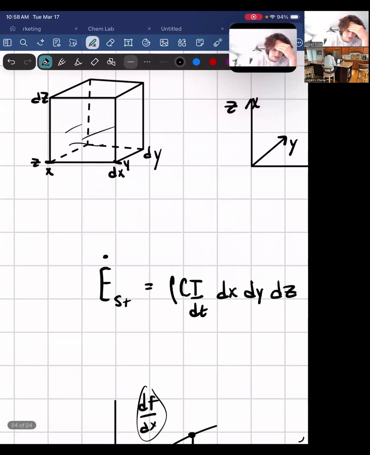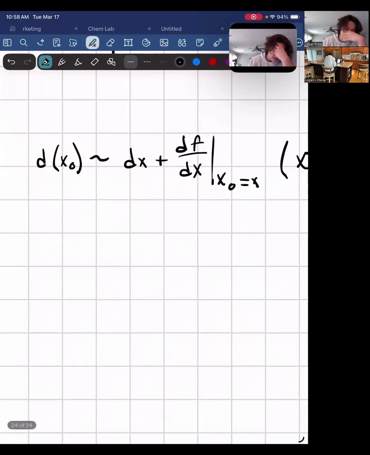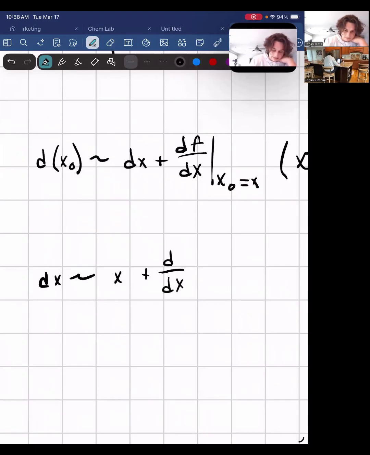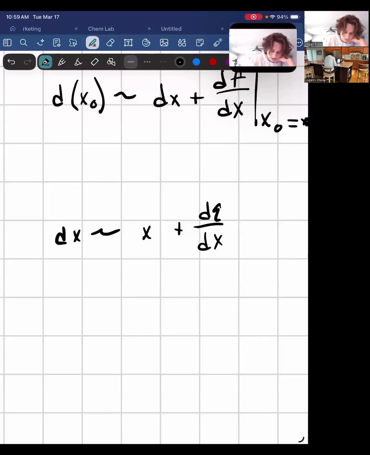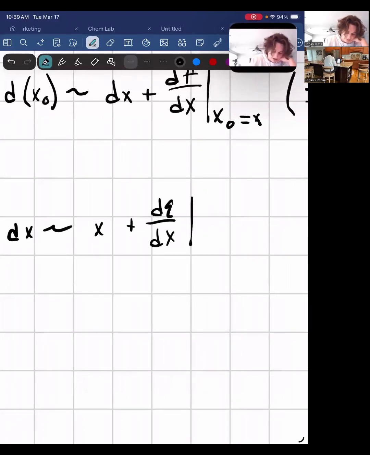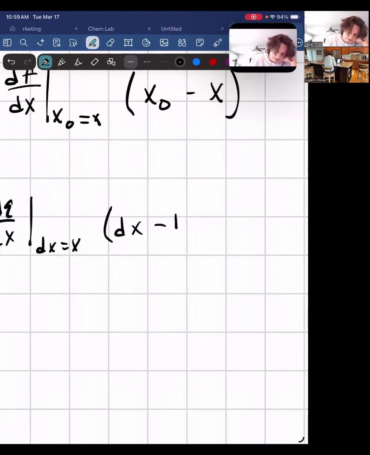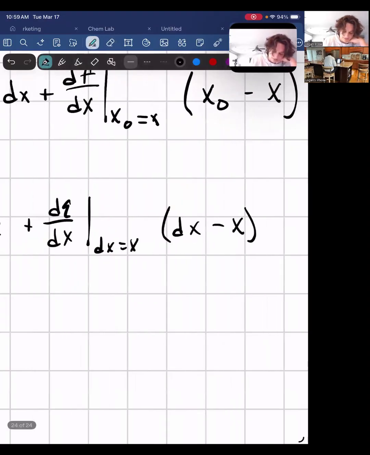So we're going to go from x to x plus dx. And for this, we're just going to plug in, right? So we want to know q at x plus dx, and that is about q_x plus dq/dx, sorry, evaluated from x to x plus dx, right?